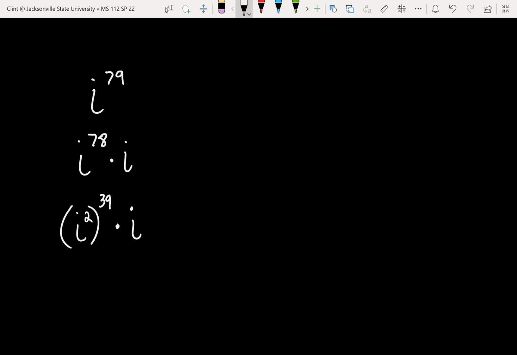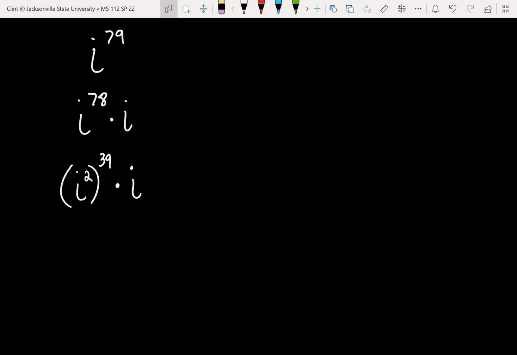But just don't forget the extra i that we have out to the side. And then i squared is -1 to the 39th power. -1 to an odd exponent is -1. That's times i. So our answer is -i.